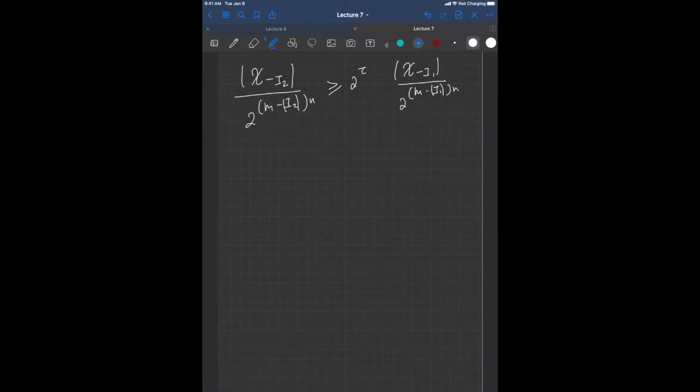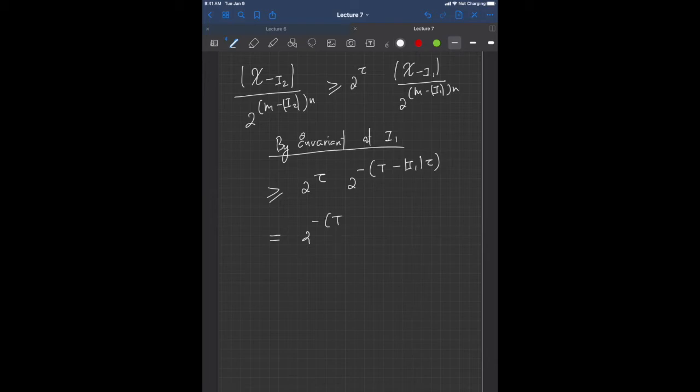So by invariant at I1, we get that this is at least 2 to the tau divided by 2 to the minus t minus I1 times t. So this t would go inside as minus t minus cardinality I1.